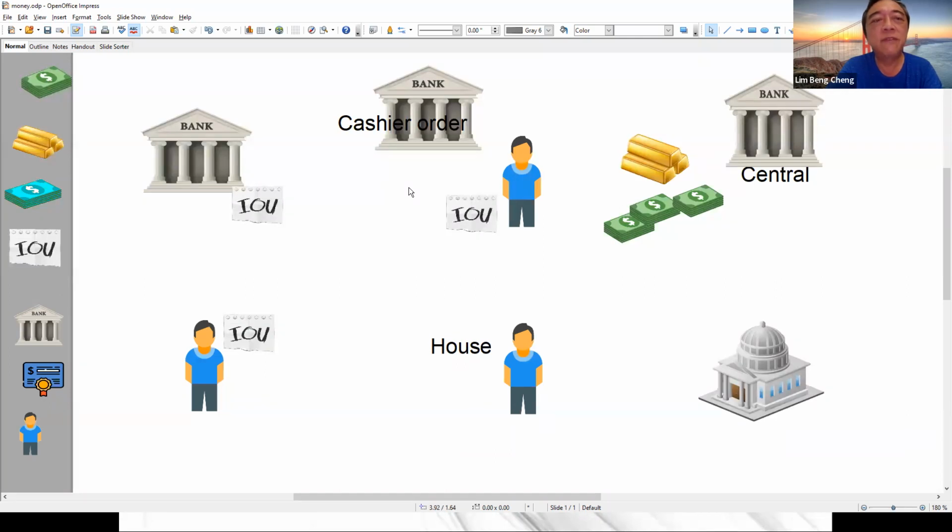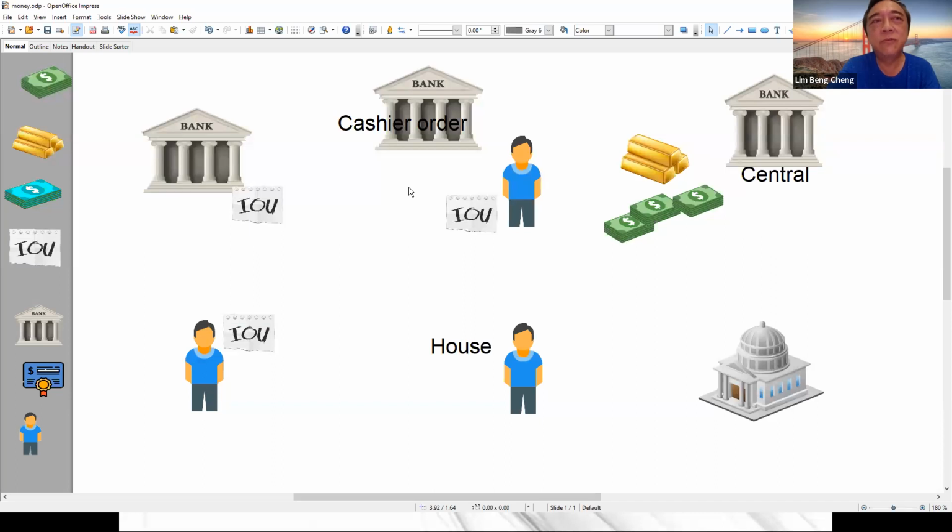If the bank is making more money by giving credit, then how can such a thing work when the bank doesn't have money and can give you credit? It's because one bank has a working relationship with another bank, or you can say the banks trust each other.